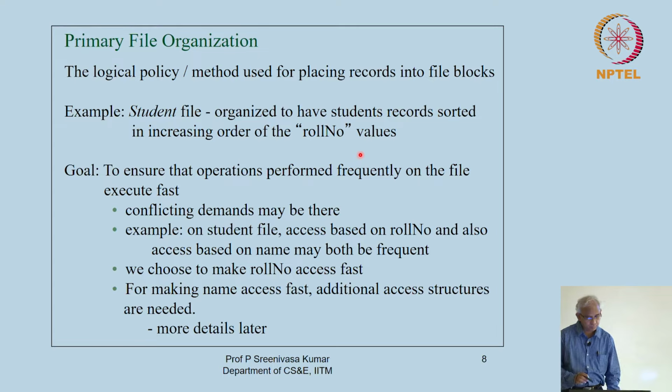In general, the goal of a file organization is essentially: how do we ensure that the operations performed frequently on this particular file execute fast. As you can see, in this case, suppose we have organized the file like this, then roll number based access will be pretty fast because we can exploit the sorted nature of the file and get hold of the record that has a given roll number quickly.